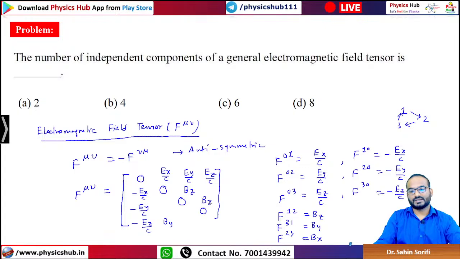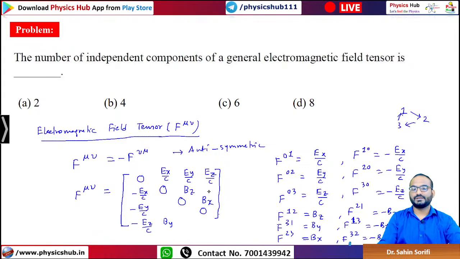So this is Bx, and from the antisymmetry property we can find F21, minus Bz, F13, minus By, and F32, minus Bx.